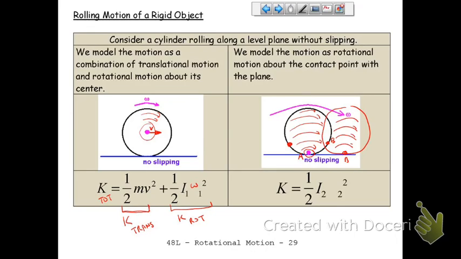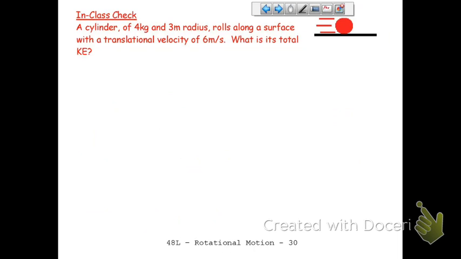It's just a rotational mechanism. And for that, my K total would equal half I omega squared. But I1 is not the same as I2. You can see that. Here's my axis, so this is going to be a very big I value. And omega 1 is not the same as omega 2. So I prefer to do them this way. Okay? And here's the classic example.